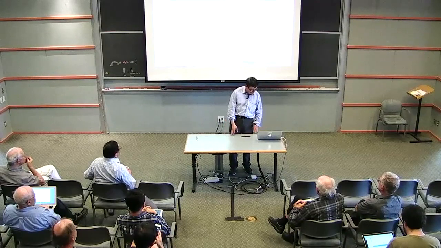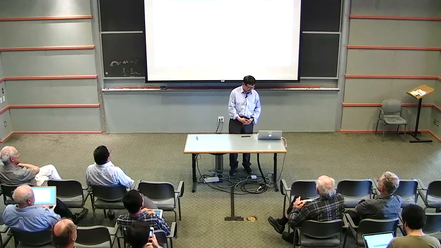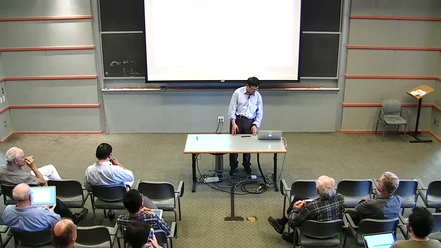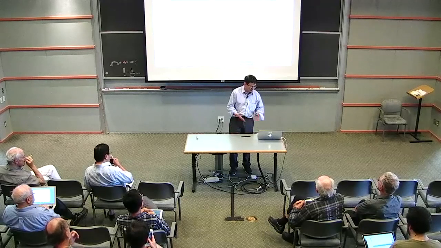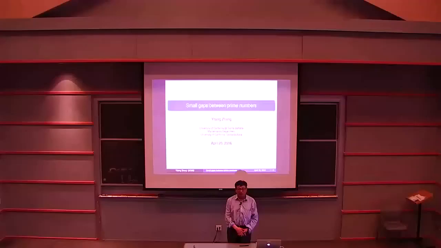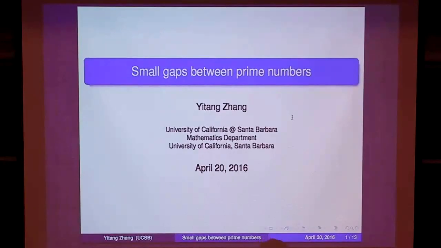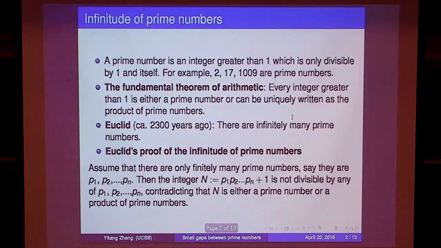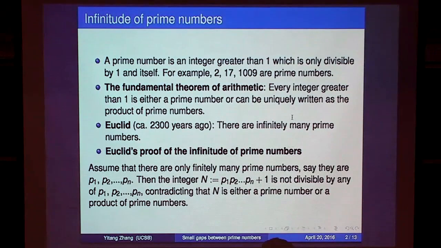So first, let me say today's topic. It may not be my original topic, but we just use it: small gaps between prime numbers. We know what a prime number is, right?